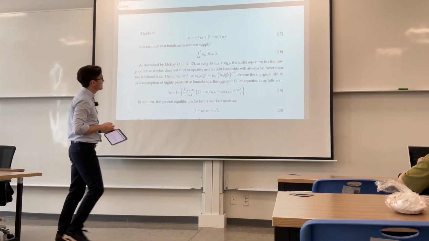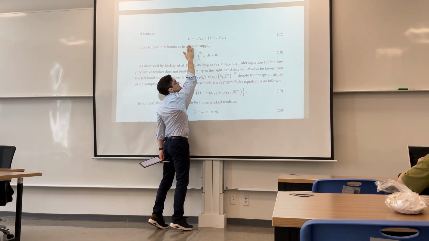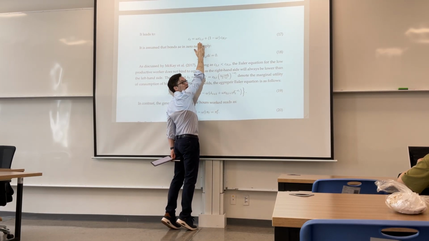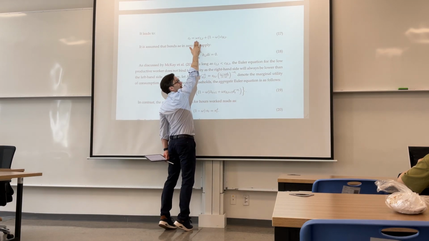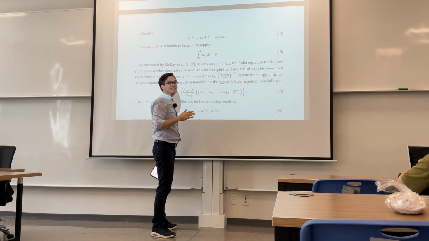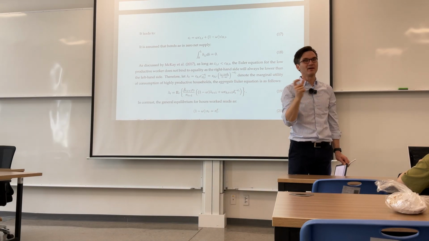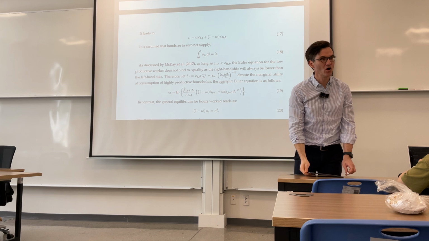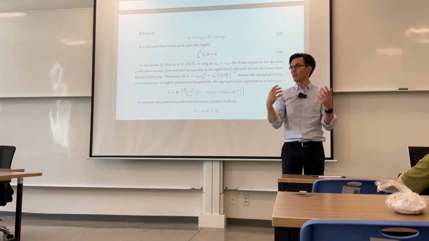There we go. So aggregate consumption in the economy is the sum of the consumption of the poor people multiplied by how many there are. So this probability is the same as a share. That's important. If omega is 0.5, there is a 50% probability that you become unemployed.